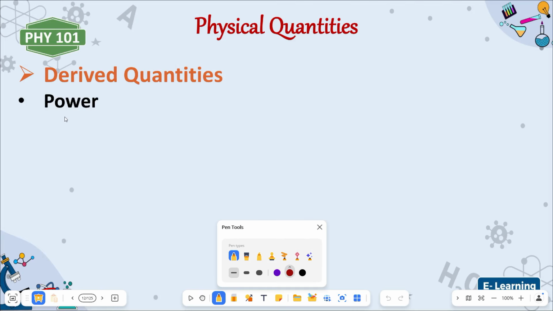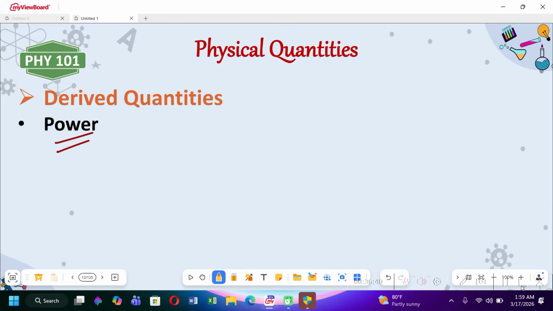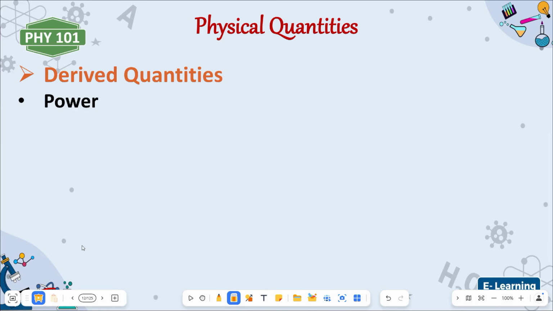Now, the next one we have here is power. Let's look for the dimension for power. Now, my dear student, there are 2 formulas for power, and we are going to look at these 2 formulas for power, all right, and their dimensions.